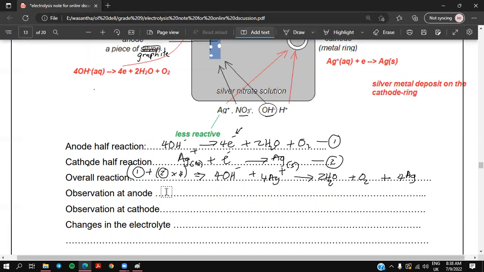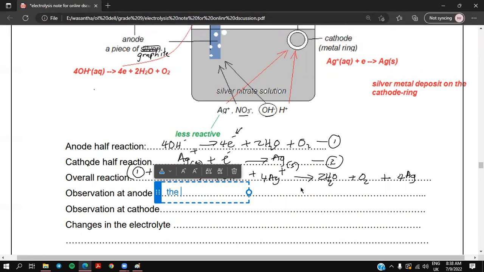If you write the observations at the anode, we can say the size of the anode decreases gradually.